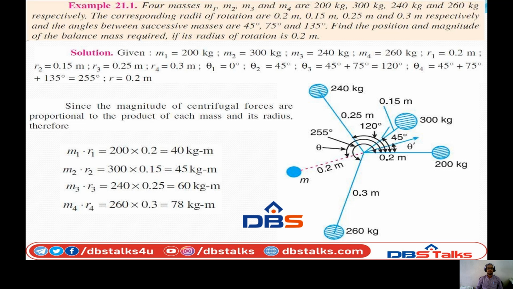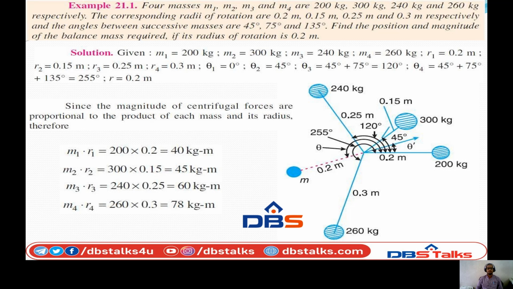So write down the given data: M1, M2, M3, M4 and the corresponding radii of rotation R1, R2, R3, R4, and theta is also given. Read the question carefully: the angles between successive masses means the angle between the first and second mass, and the second to third, and third to fourth, as given.